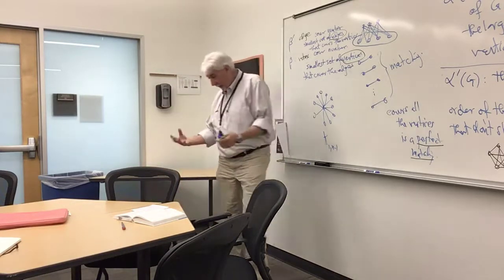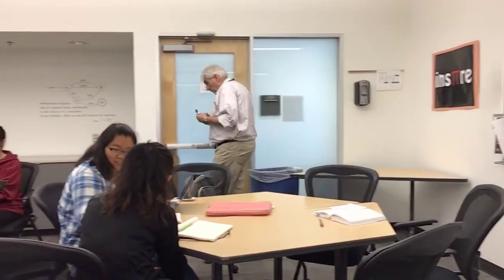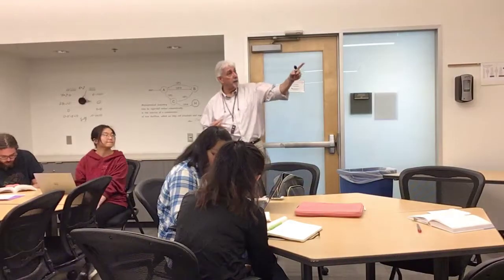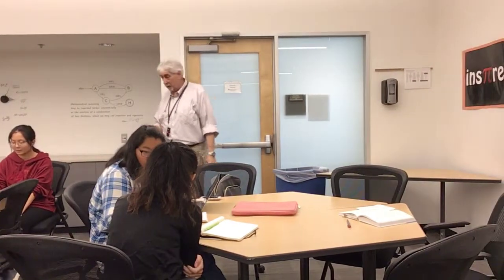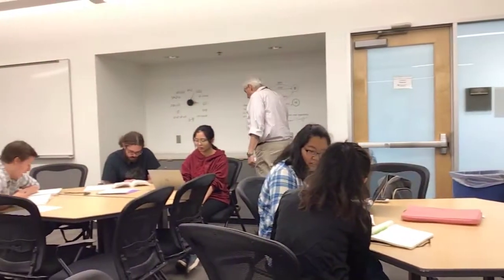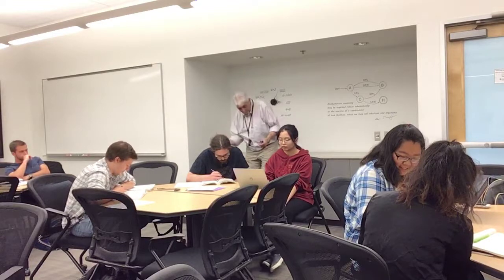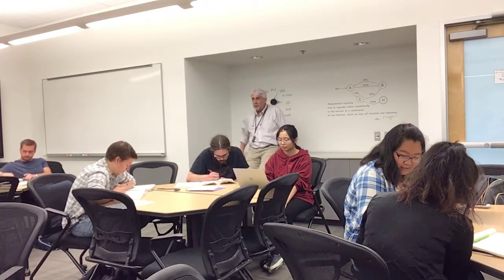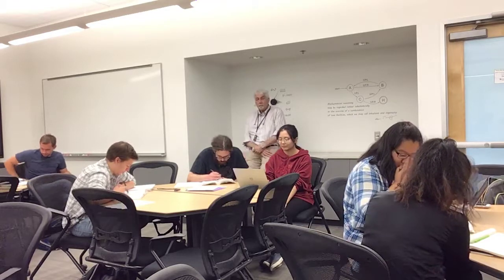Minimum vertex cover. We're going to pick some edges out. A vertex cover is the smallest number of vertices that cover all the edges. And notice you can cover some edges more than once. You just need to be sure that you cover all the edges. Can we have a perfect matching?